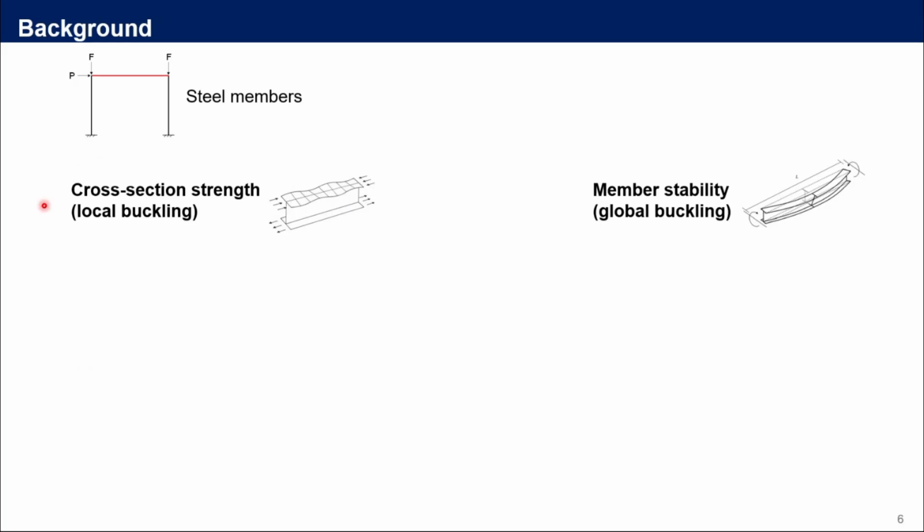Okay, in conventional steel member design, such as this beam, we usually need to check two aspects: the cross-section strength, which is governed by local buckling behavior, and the member stability, which is more related to the global buckling behavior.